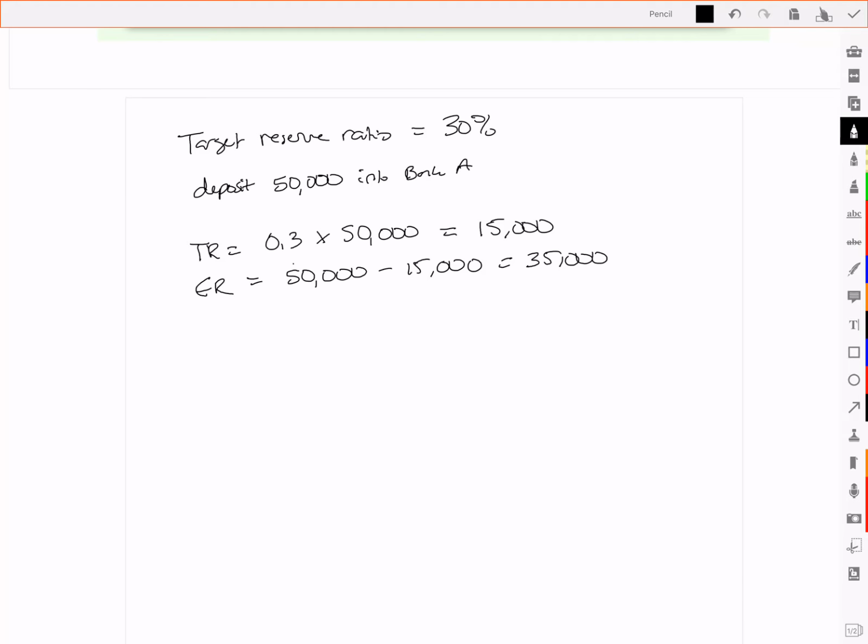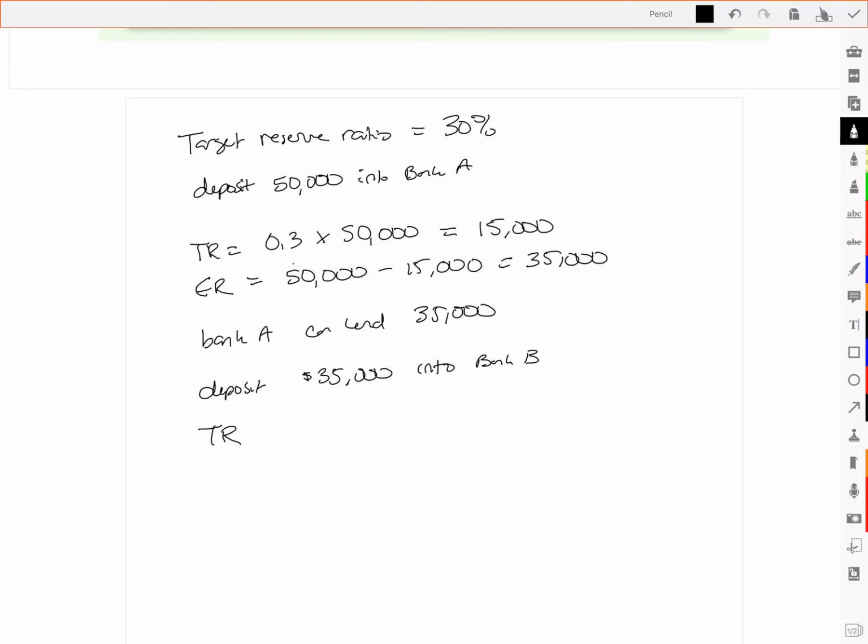Well, what do banks do with the excess reserve? They lend it out. So Bank A can lend 35,000. And let's suppose that they lend out 35,000 to a customer in Bank B. So then they're going to deposit 35,000 into Bank B. Now, what's the target reserve?